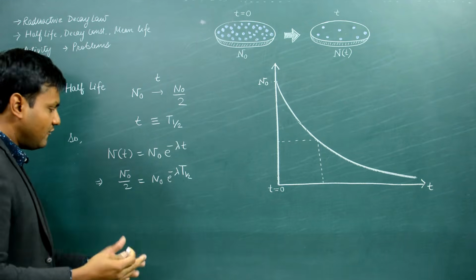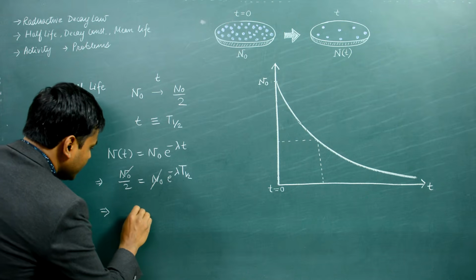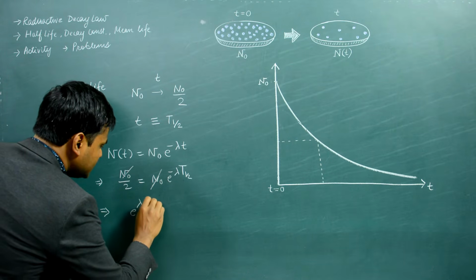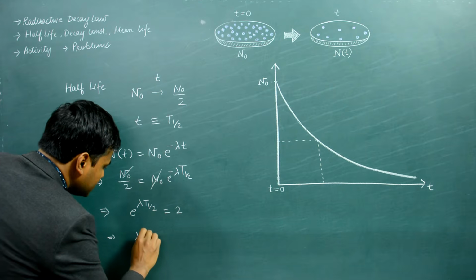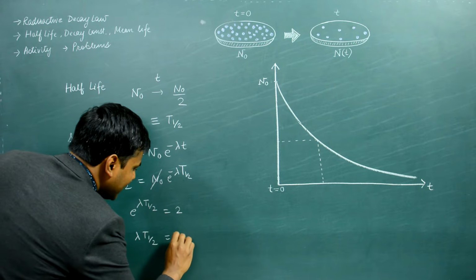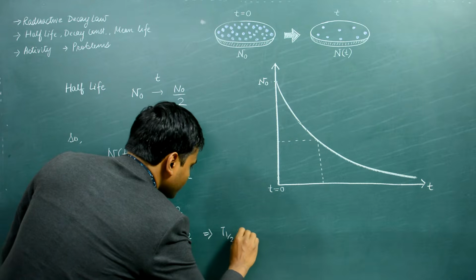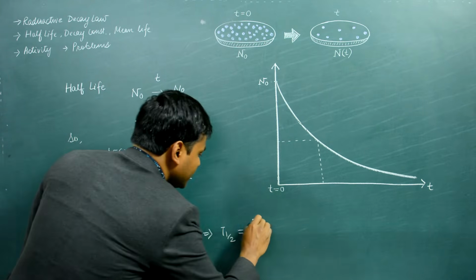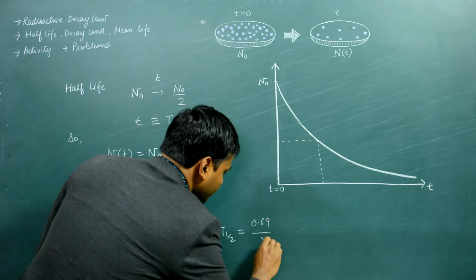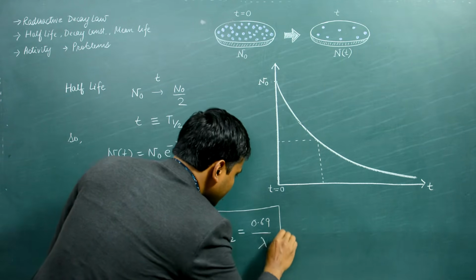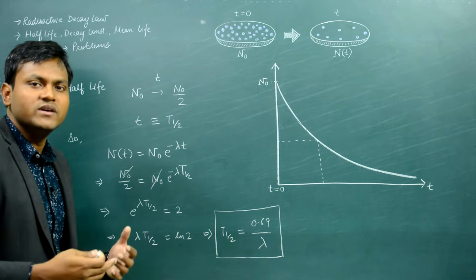Now n naught and n naught get cancelled and you are left with e to the power lambda T half equal to 2, or lambda T half is ln 2, or T half is equal to the natural logarithm of 2, which is 0.69, divided by lambda. So this gives us a relationship between the half-life and the decay constant of any nuclear species.